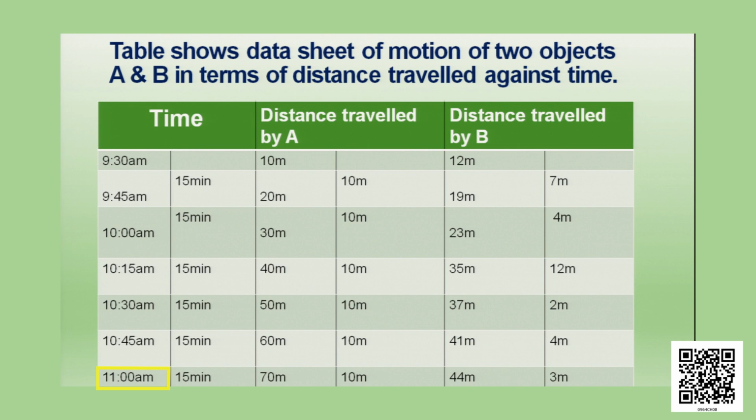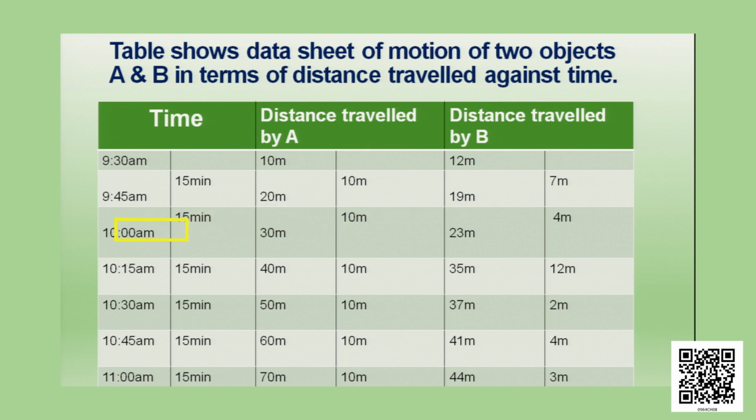Now at the first instant, time taken is 9:30 am and distance travelled by object A is 10 meter and distance travelled by object B is 12 meter. Then at time 9:45 am, distance travelled by object A is 20 meter, distance travelled by object B is 19 meter.